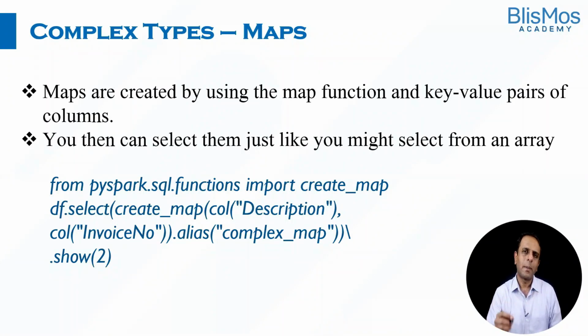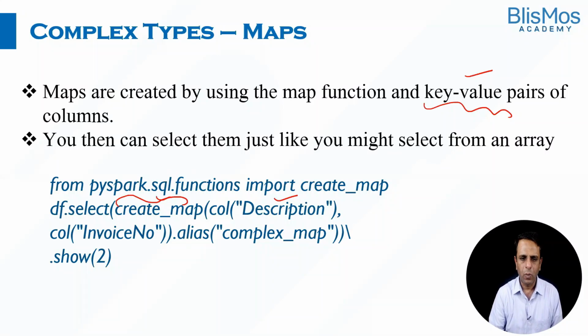First and foremost, maps are created by the create map function that creates the key value pairs. So how do we create the key value pairs? We can use the create map function and provide two columns which you want to make key value pairs.